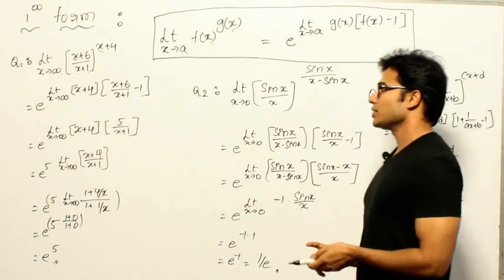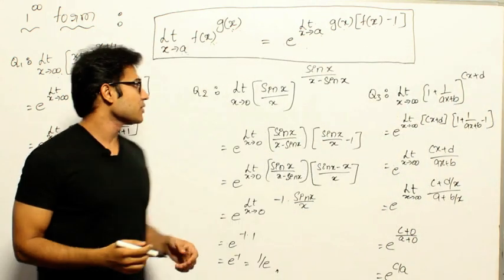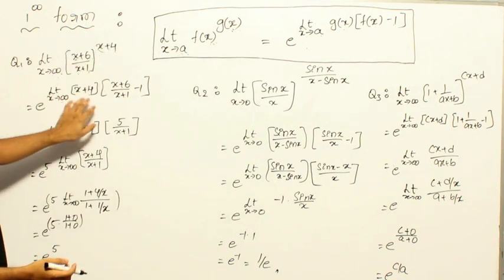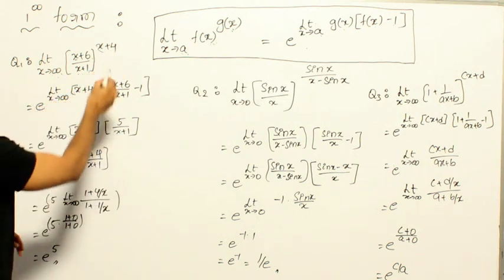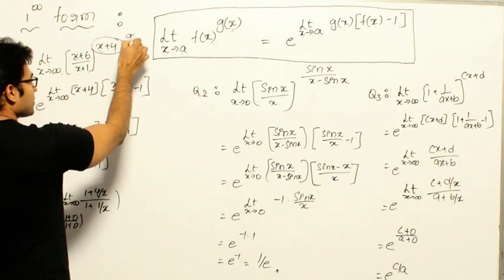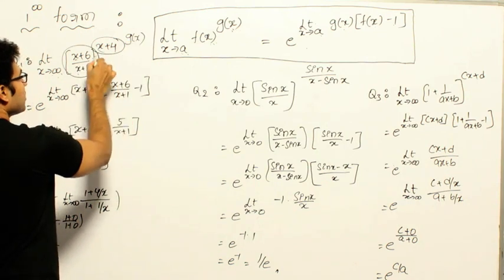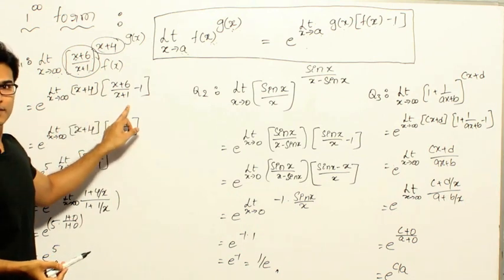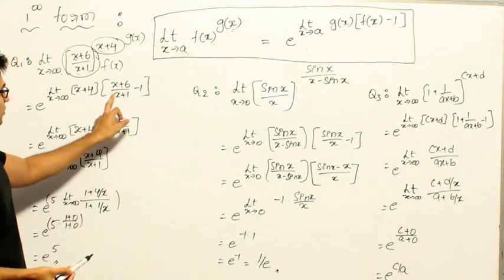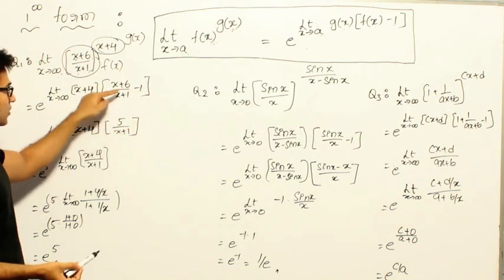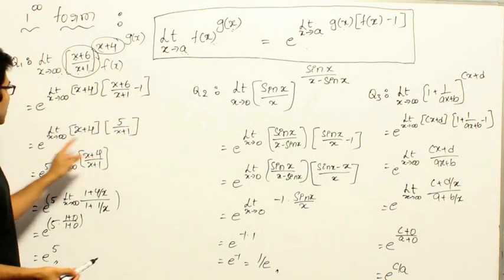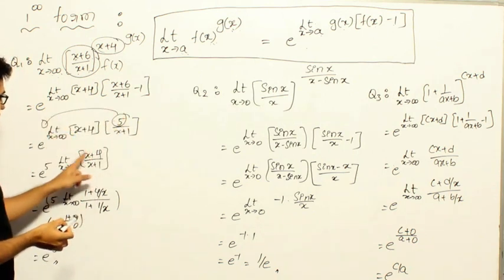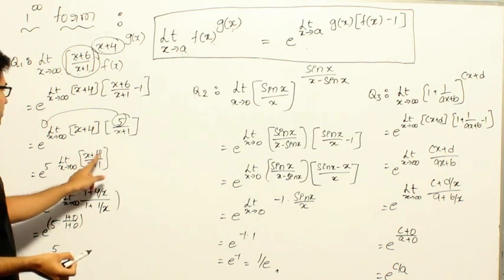So the limit is going to be e power limit x tends to infinity, g of x into f of x minus 1. What is g of x in this case? X plus 4. This is going to be g of x and this is going to be f of x. So g of x into f of x minus 1, you can simplify it and you get 5 by x plus 1. Now I can pull out this 5 outside, and what is remaining is x plus 4 by x plus 1.